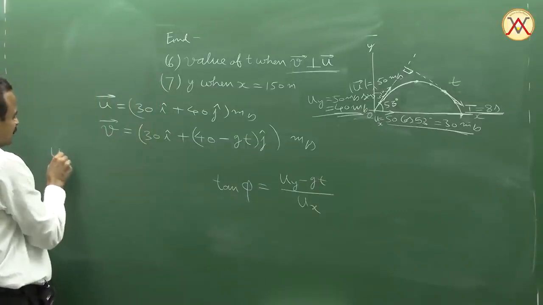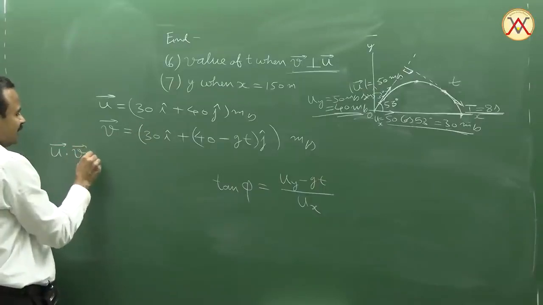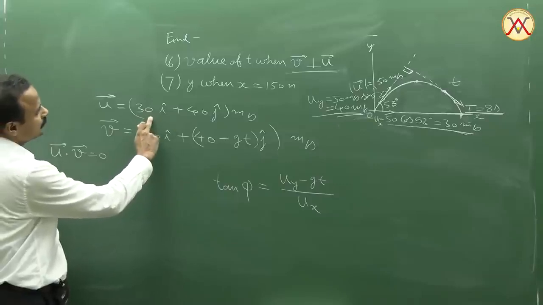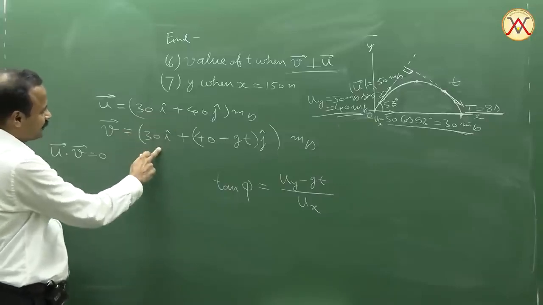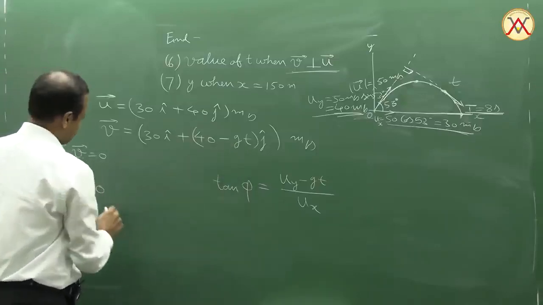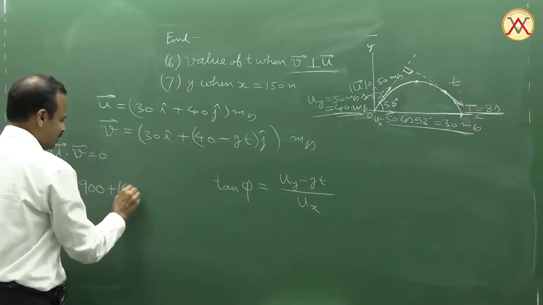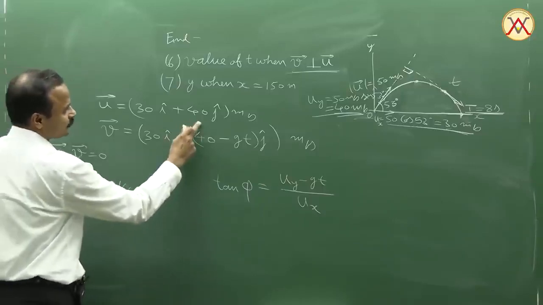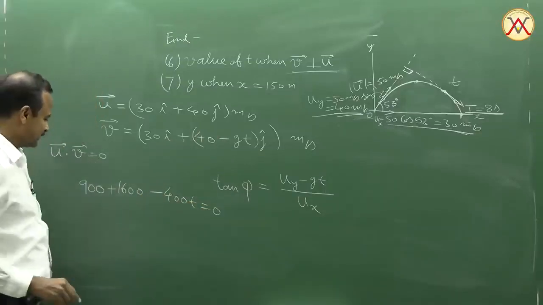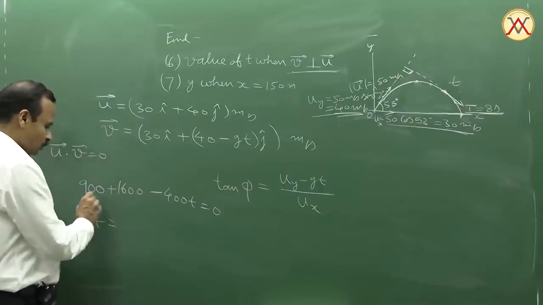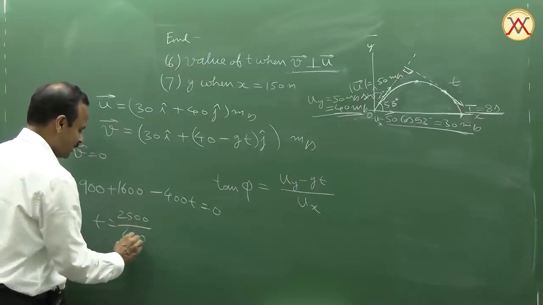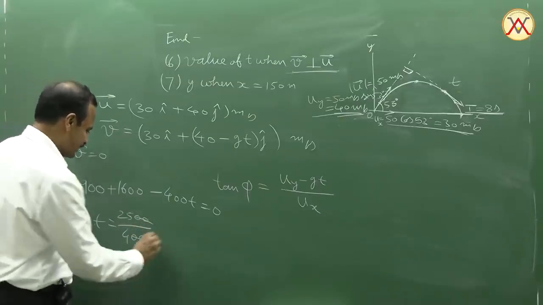So u dot v equal to 0, what do we get? i cap dot i cap, 30 into 30 becomes 900, and j dot j, this part will be 40 into 40 is 1600, minus 40 into gt, so this is 400 t, and the dot product is 0. So we are getting t equal to 2500 upon 400, 2 zeros cancelled.